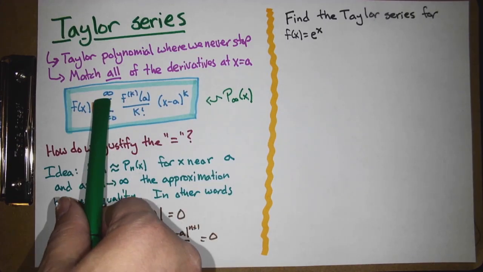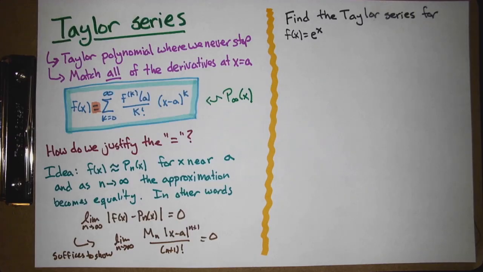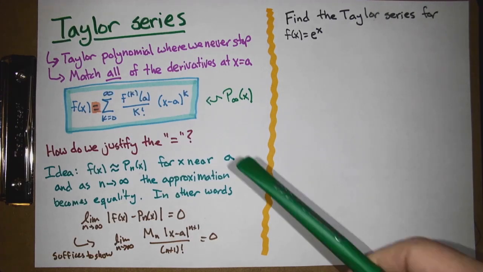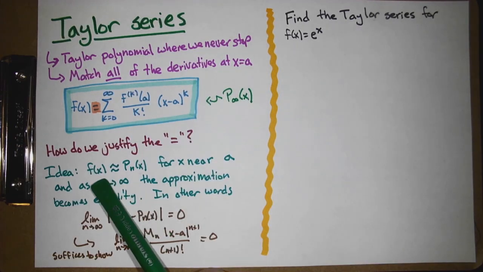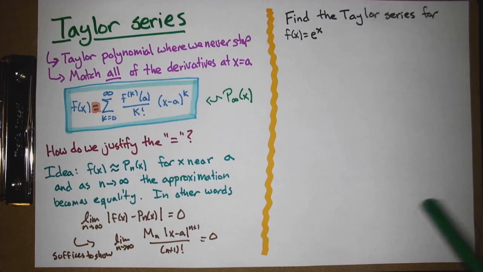Now, the equals here, we have to be careful. How can we tell if that's actually an equals? Because I can write it down, but do I actually know? Well, let's start by saying the function is roughly like the Taylor polynomial.